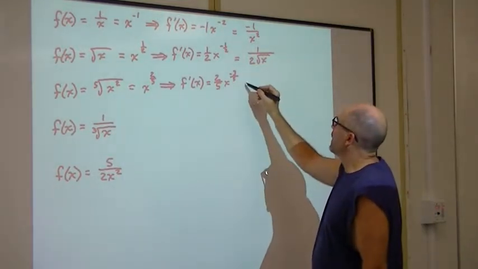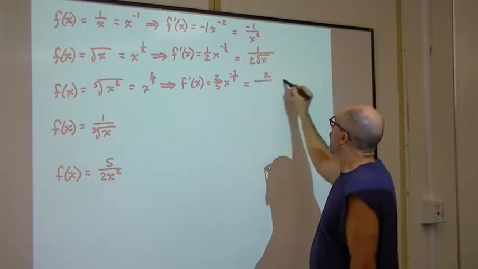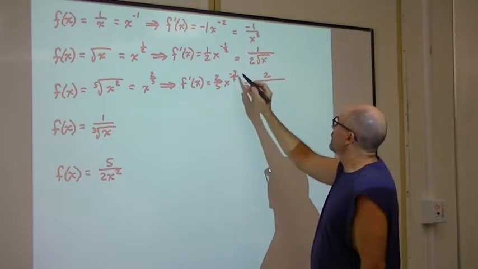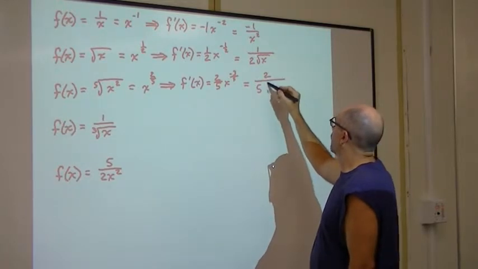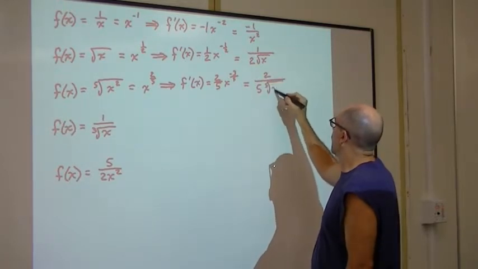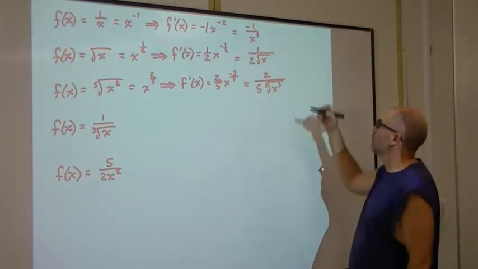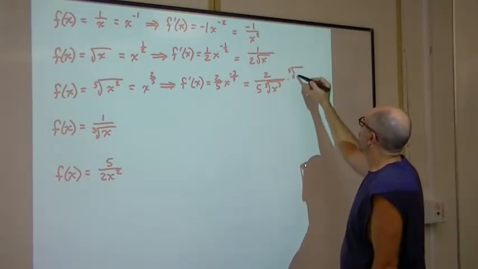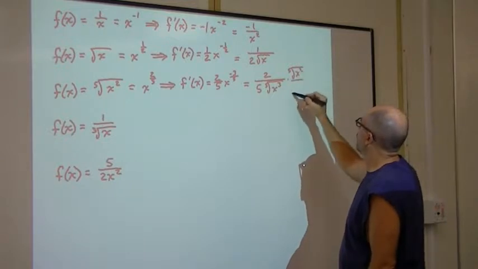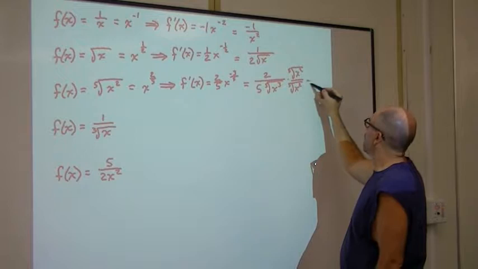And then when we simplify that, this is going to equal 2 over 5. Now notice it's the 5th root of x cubed. And if we rationalize that, we could multiply by the 5th root of x squared over the 5th root of x squared. And notice now we have 5 x's to spring the pokey.